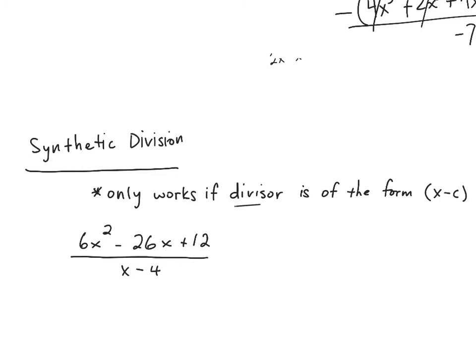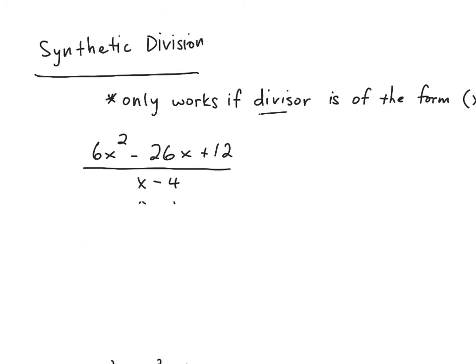And it doesn't have to be minus a number. It could be x plus 2 as well, but it needs to be of the form x to the first plus or minus a number. So this is the example we started with here: 6x squared minus 26x plus 12 divided by x minus 4. We already know what the answer is because we did it using long division.